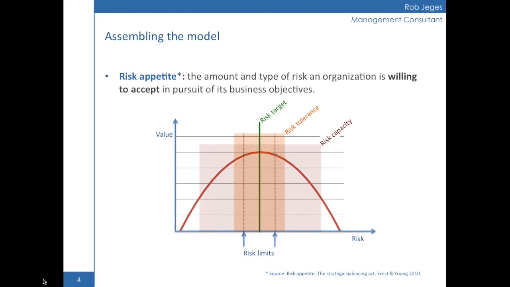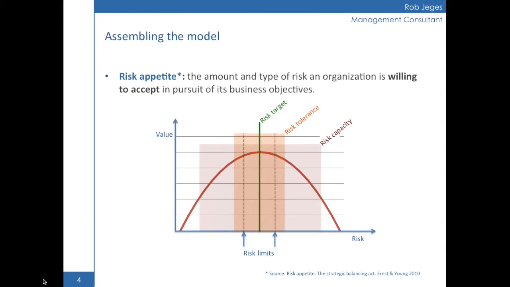So if we put these ideas together, we can then get a better understanding of what risk appetite means. Going back to the previous graph, we have superimposed the risk capacity that gives us a broad range of risk, and that is what the organization is able to bear.